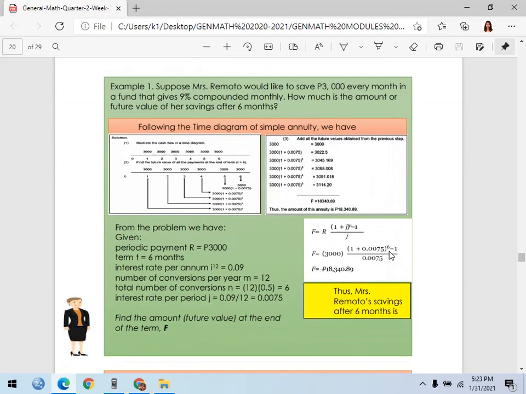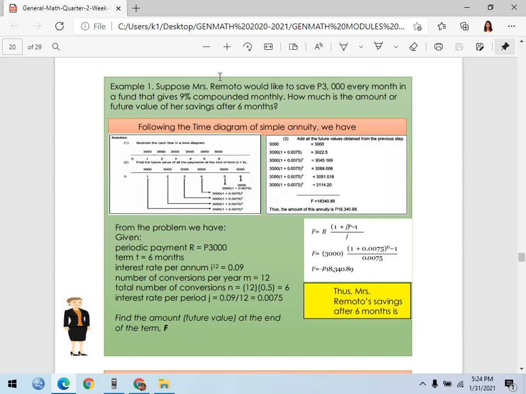Now, let us have an example on how to solve for the future value, or F, of a given problem. Example number 1, suppose Mrs. Remoto would like to save 3,000 pesos every month in a fund that gives 9% compounded monthly. How much is the amount or future value of her savings after 6 months?